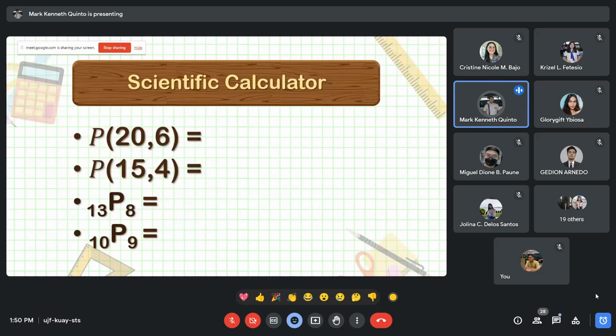But before that, try to use your scientific calculator and give me the value of the permutation of 20 objects taken 6 at a time. Let's see if you can now use your scientific calculator to find the value of permutation of n objects taken r at a time. For number 1, what is your answer?